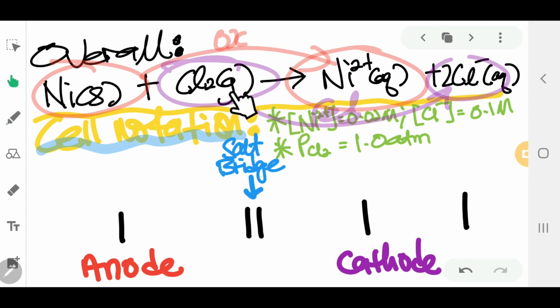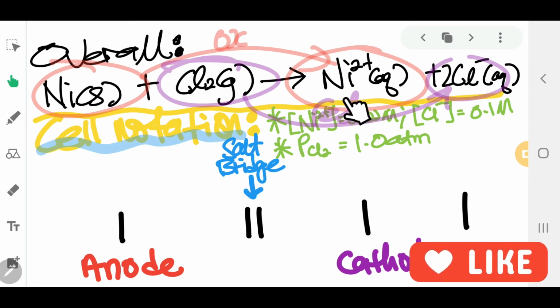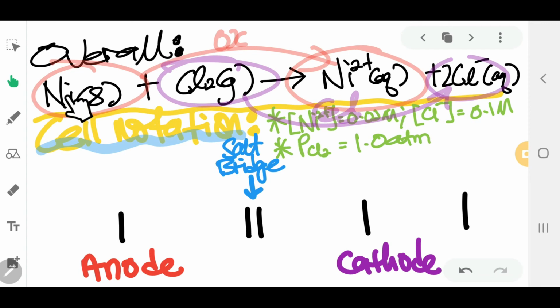So chlorine gas will be undergoing a reduction process, which will be happening at the cathode, and the nickel over here will be converted into Ni2 plus aqueous, an oxidation process that will happen at the anode. Let's write for the anode first. So we have nickel solid to be converted into Ni2 plus aqueous through the oxidation process.